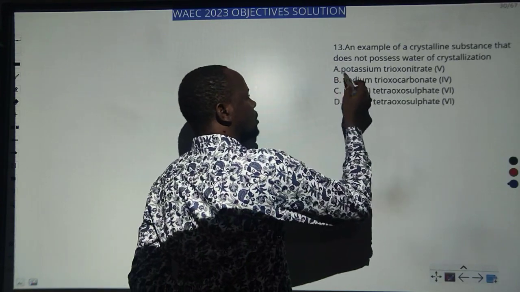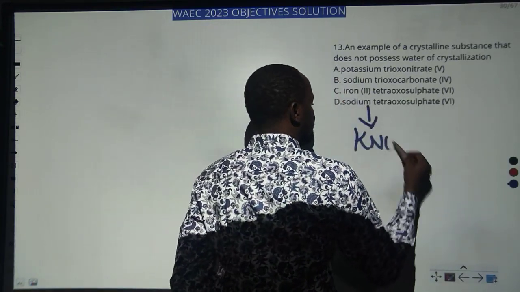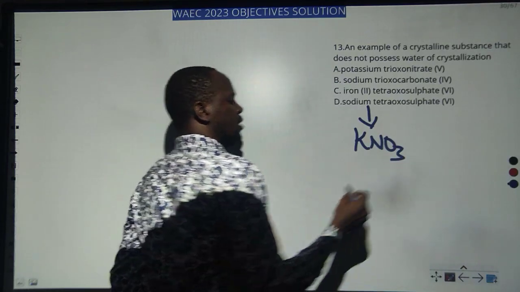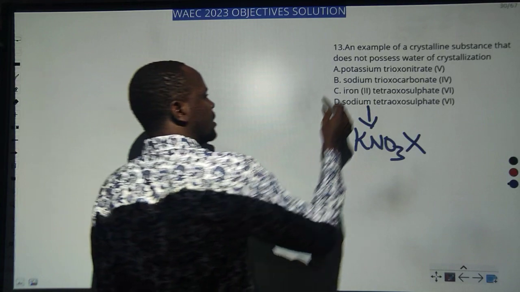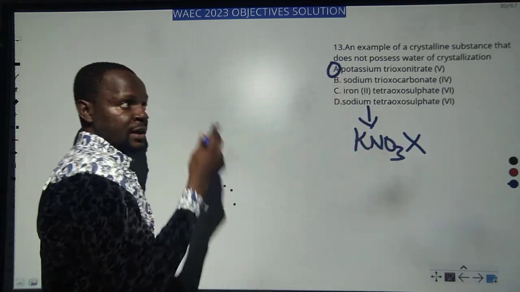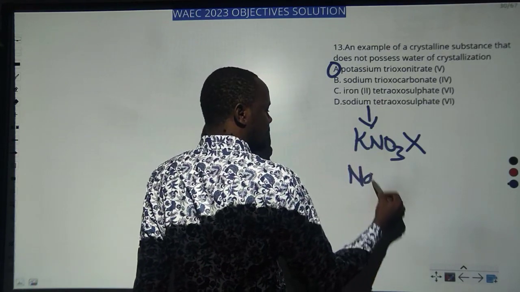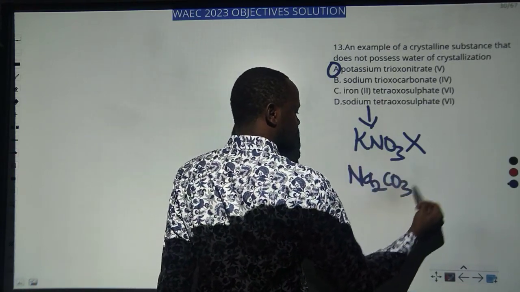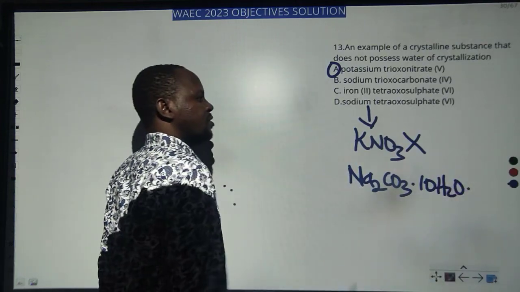Let's start with the first one, potassium trioxonitrate(V), KNO3. This particular salt does not come with any form of water of crystallization, let it be known. Now let's take the others. Sodium trioxocarbonate(IV), everybody knows this is an efflorescent substance. It has 10 molecules of water of crystallization.